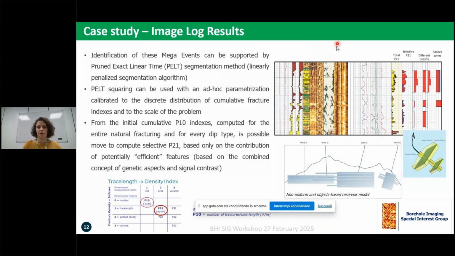The information from image logs, just to have a look at the importance of this analysis on, for example, the production, were upscaled. The results from image logs were upscaled to propagate the information about the enhancement of the matrix in terms of dissolution and natural fractures to the model.